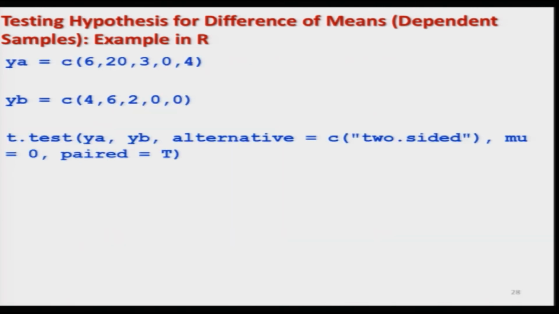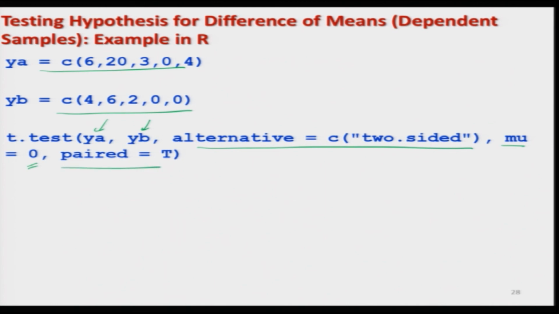Now I try to do the same exercise in the R software also. I have entered this data as ya and yb here, and the alternative is two sided. Mu is equal to 0, which is the value under H naught, mu 1 minus mu 2 is equal to 0.